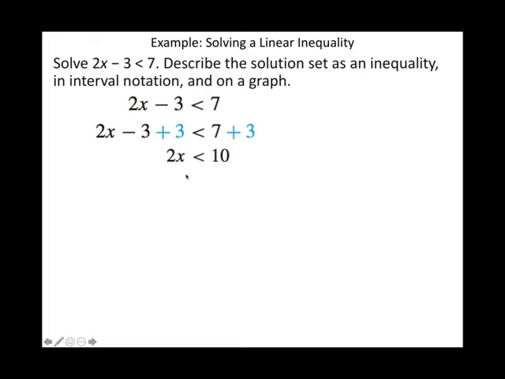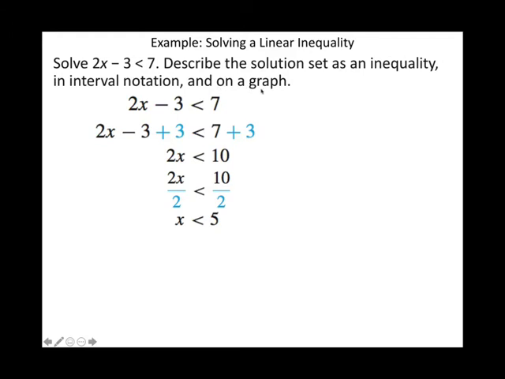I want to isolate my x, so I divide both sides by 2. It cancels out, and x is less than 5. So x strictly less than 5 is our solution set as an inequality.